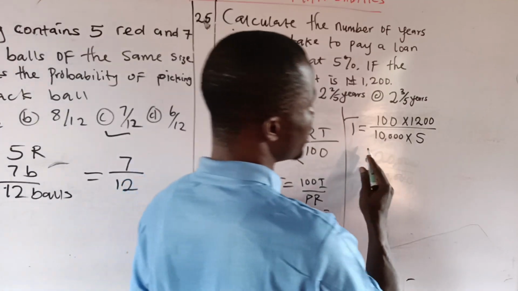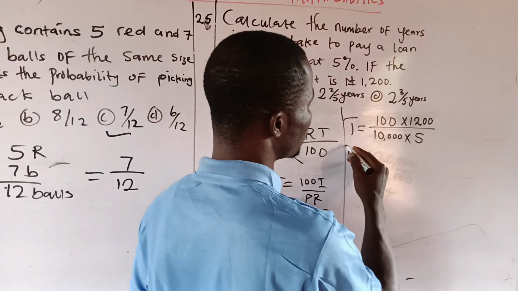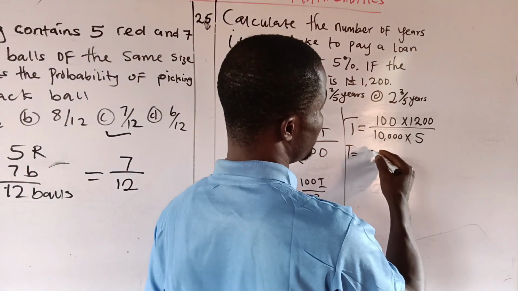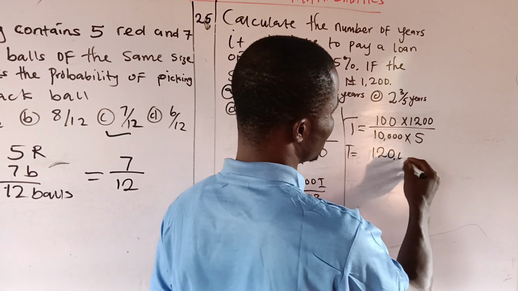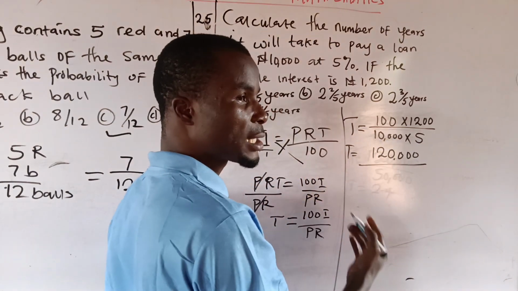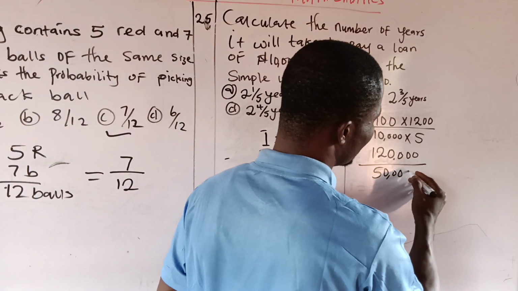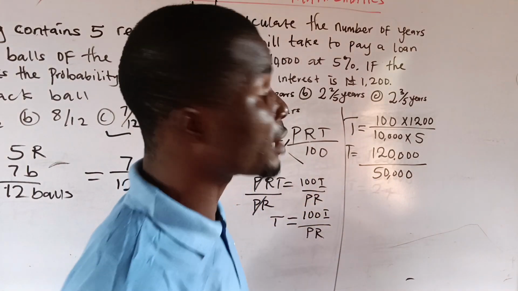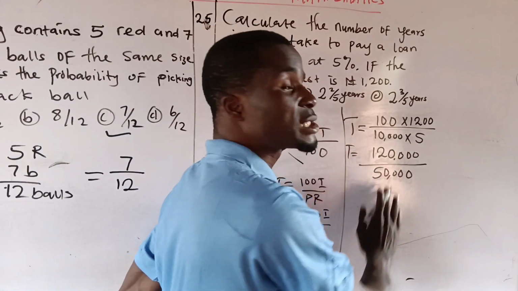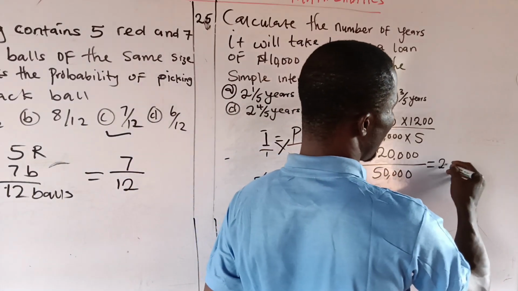So now let's work it out. 100 times 1,200 gives us 120,000, divided by 10,000 times 5. 10,000 times 5 gives us 50,000. So now let's divide: 120,000 divided by 50,000 will give us 2.4.